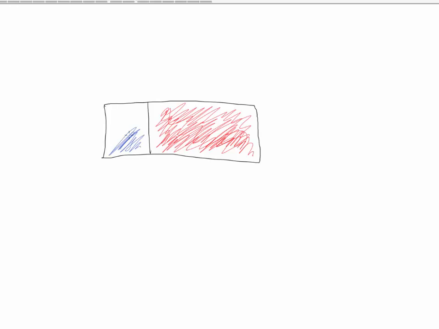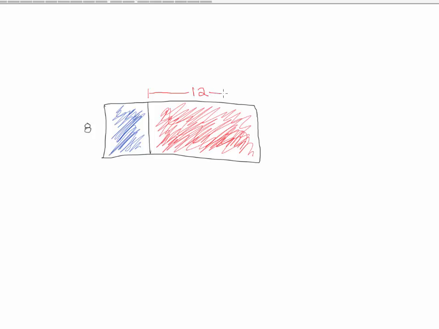I'm going to shade that blue. Let's say I know that the entire rectangle is 8 units tall. And let's say I know for sure that the red section of the width is 12 units long.